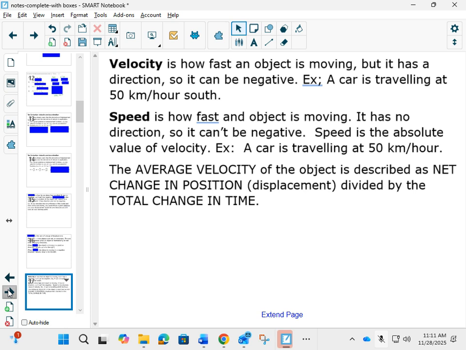And then, of course, you can find an average velocity. How far did you travel over how much time? That would be your average velocity. So there's your difference between velocity and speed.